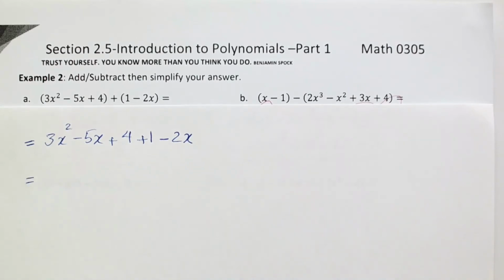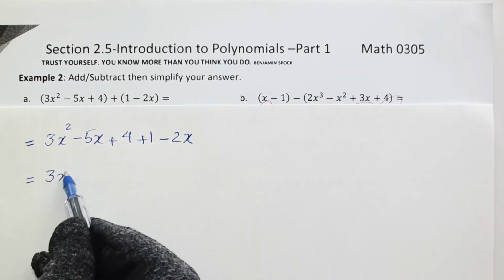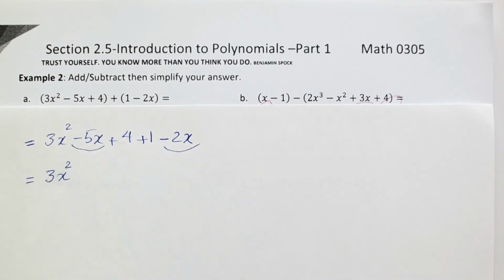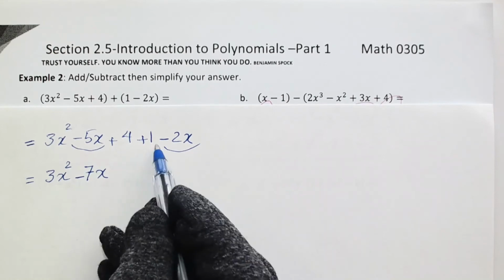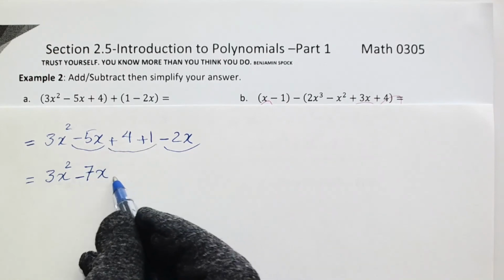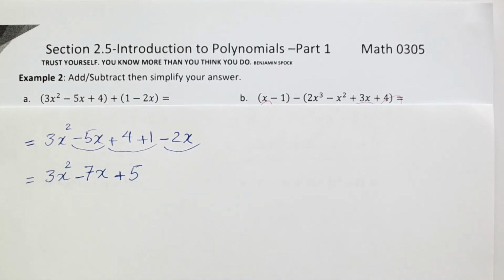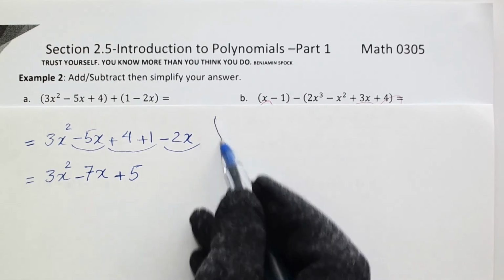Now we find like terms. 3x squared doesn't have any similar term. Negative 2x and negative 5x are similar terms, so minus 7x. And 4 and 1 both are constants, so 4 plus 1 is 5. You see, the addition of 2 polynomials is another polynomial.